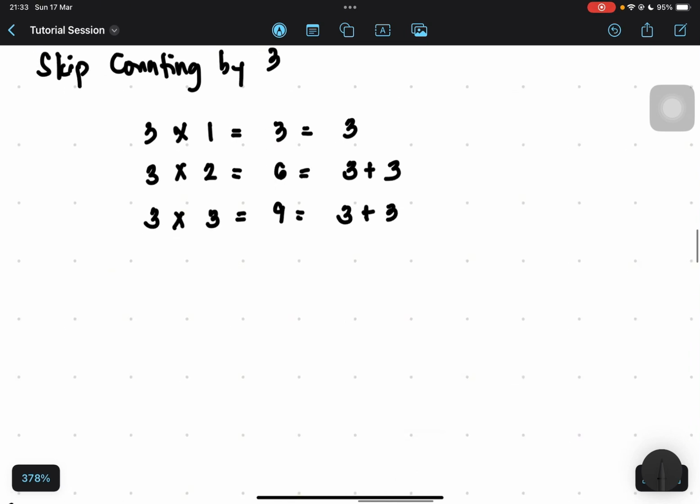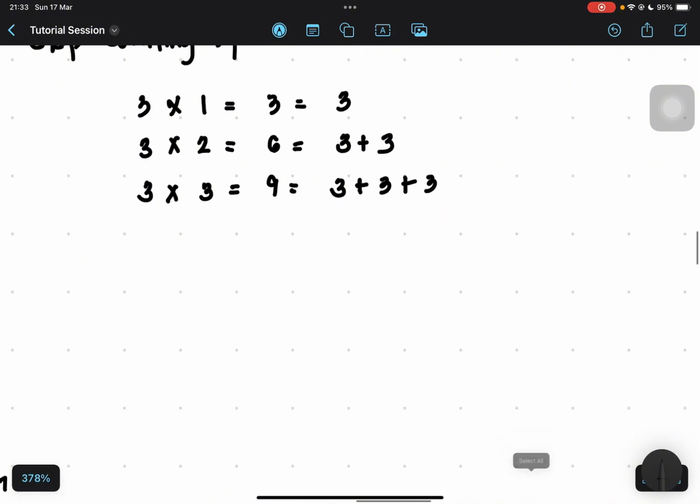So we add 3 three times. Add another 3, and it becomes four 3's, meaning we add 3 repeatedly 4 times. So the mathematical expression in multiplication is 3 multiplied by 4. That is 12.